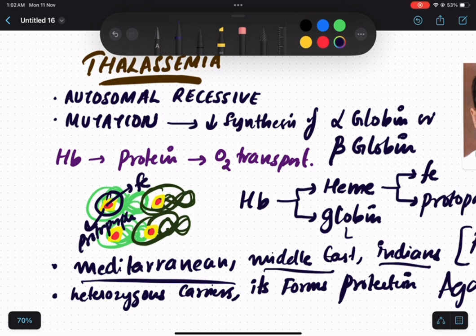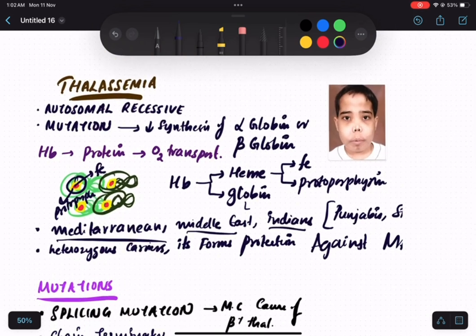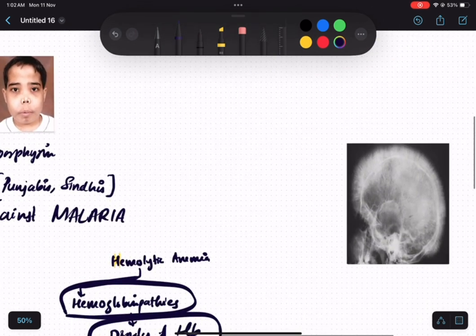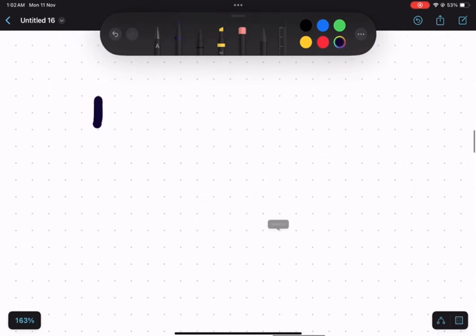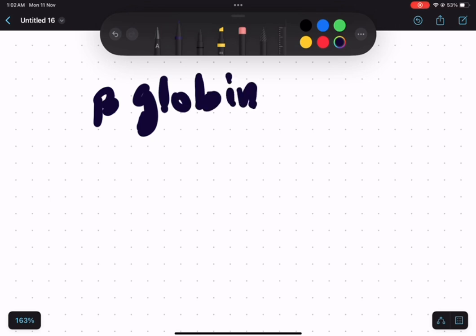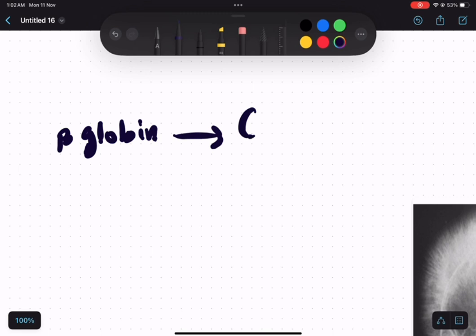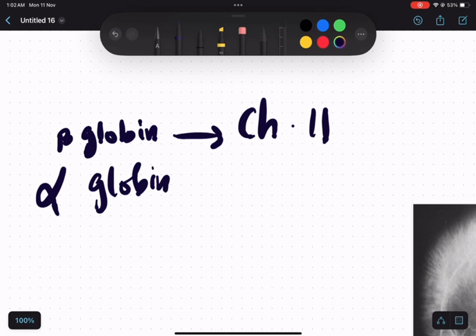As we said, there are two types of thalassemia, beta thalassemia as well as alpha thalassemia. The gene which codes for beta globin is present in chromosome number 11, and the gene which codes for the alpha globin is present in chromosome number 16.